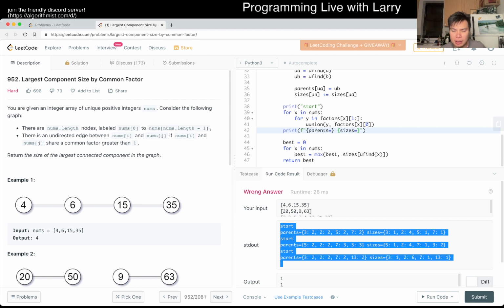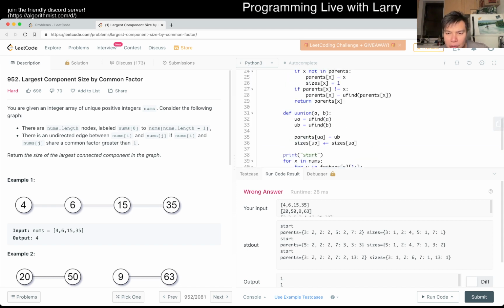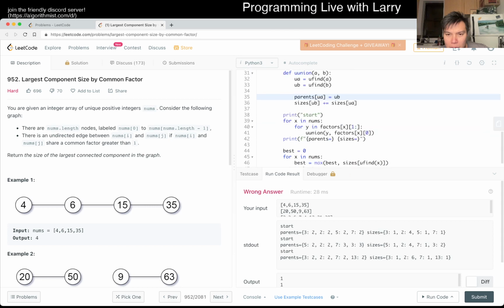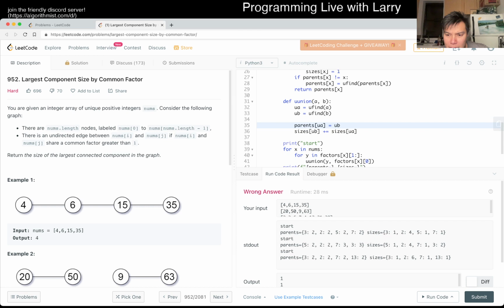You can also do it in another way, just by doing a for loop and then counting the number of same parents. Though this should be right. What am I doing wrong? Why is this wrong?